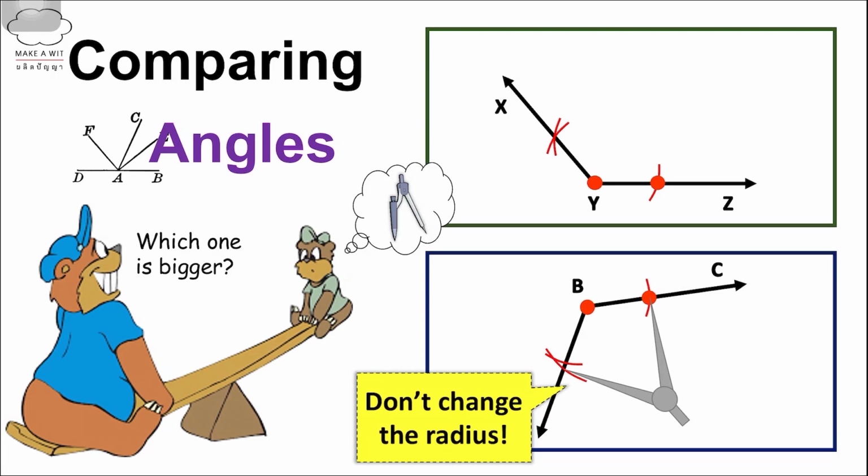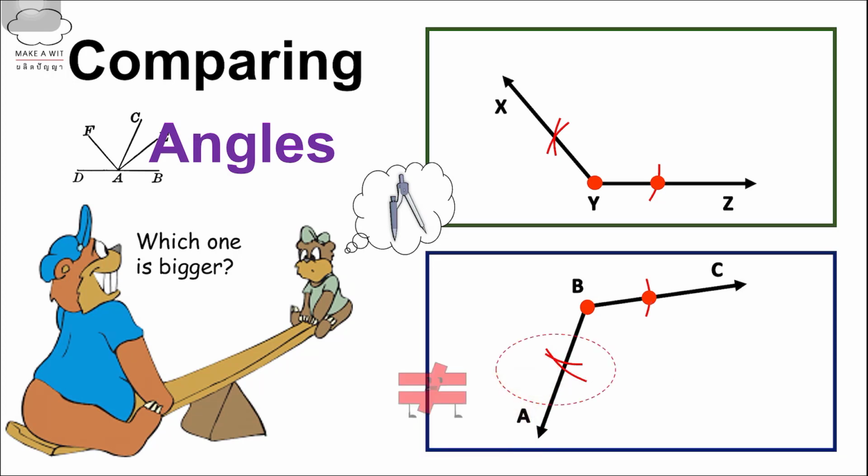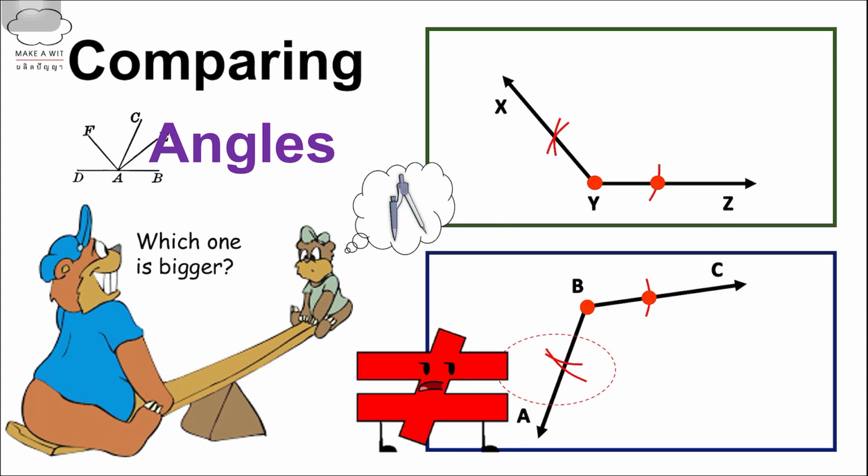And then see, is it cut on the adjacent side? No, right? It's not cut on the ray. It's cut somewhere else. So that means it's not equal. If it's equal, it should be here. The adjacent side should be here.